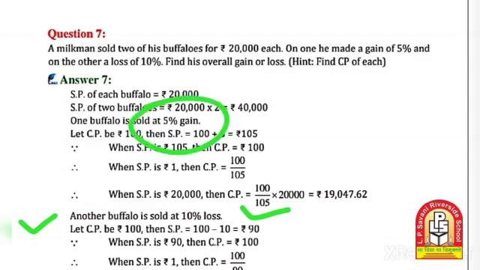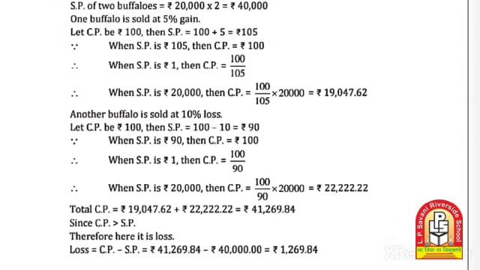Another buffalo is sold at 10% loss. For the first buffalo the CP is 19,047. Now for the other buffalo, let's find the actual price after adding profit or loss. Let the CP be 100 rupees and SP be at a 10% loss. So we have to cut 10 rupees from the 100 rupees, so our actual selling price is 90 rupees.